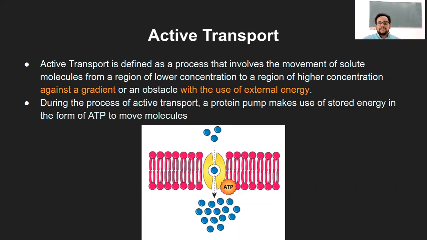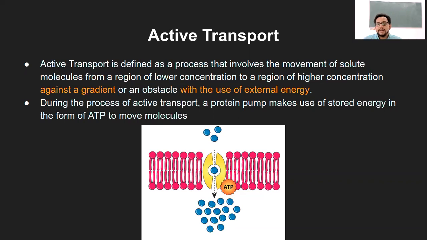Active transport is defined as the process that involves the movement of solute molecules from a region of lower concentration to a region of higher concentration. If you pay careful attention to the statement, it says from lower concentration to higher concentration, and that is when active transport happens. Diffusion happens from higher concentration to lower concentration, and that is why the solute molecules are transported across a membrane along the concentration gradient.